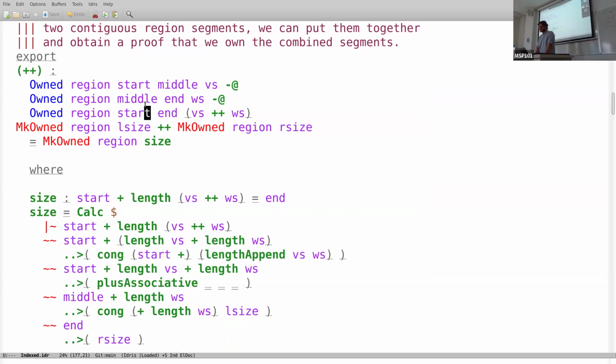And as I said, we don't have decidable equality on the region names, but when you create a region, it's a static-looking sort of name. And then it is unique, but through unification, you can notice that things are talking about the same region. So that's how you get to combine these things.